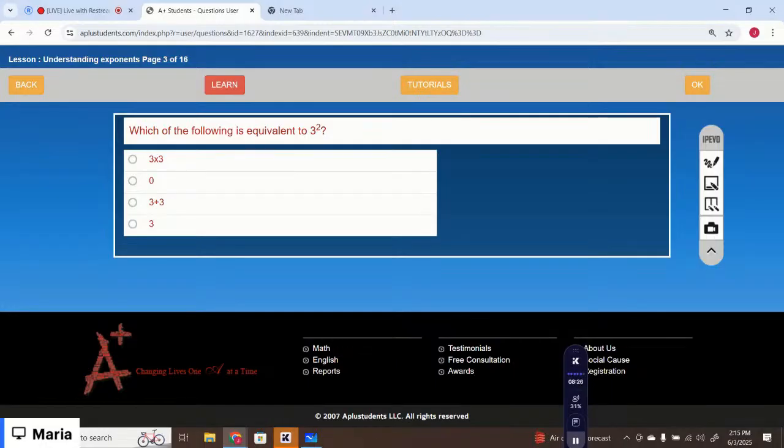Which of the following is equivalent to 3 square? So 3 square means you need to multiply 3 two times. So you have to do 3 times 3. Option number 1 is the correct option.